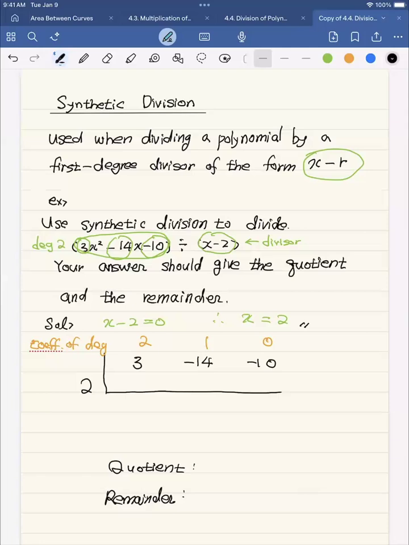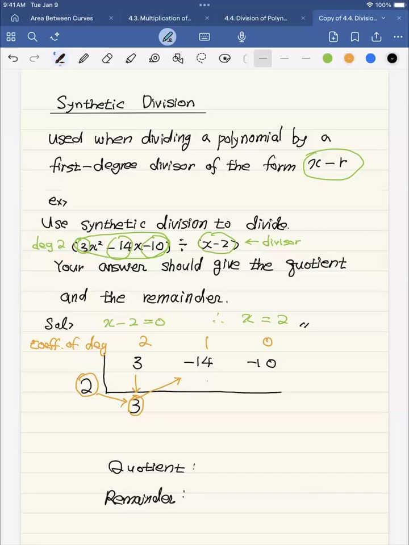To perform the calculation, you just write the first term as it is, that is 3. Then we consider the multiplication between 2 and 3 and write it here.